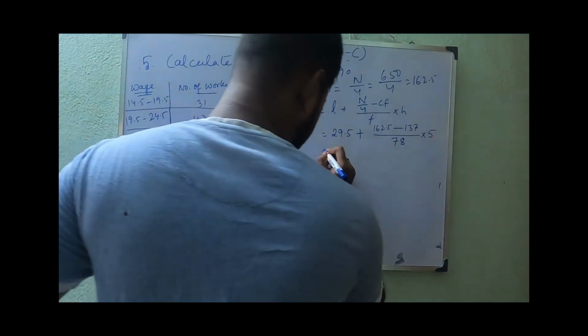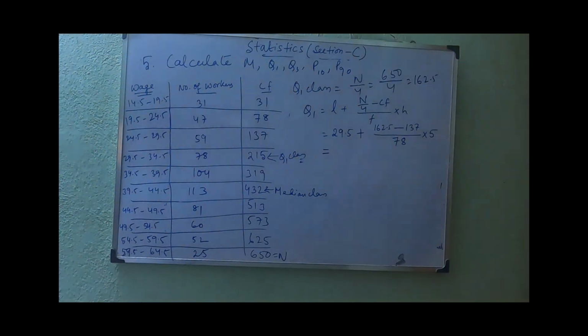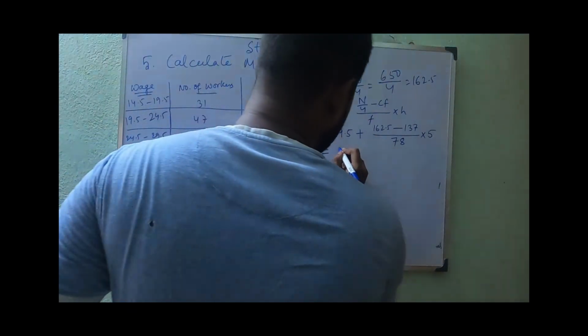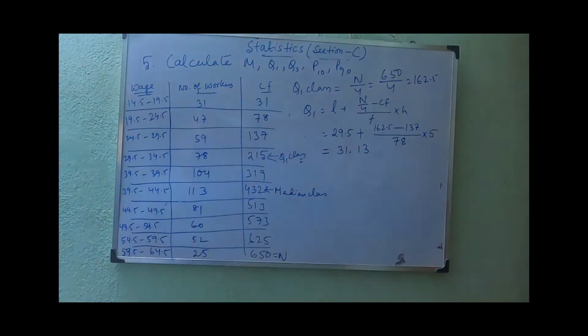Once again, if you calculate, you will see you get 31.13. That is your lower quartile.